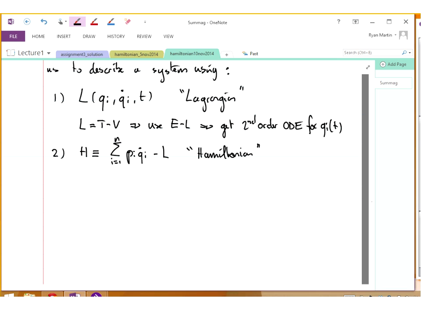And then today we'll see how we solve a physics problem using the Hamiltonian.